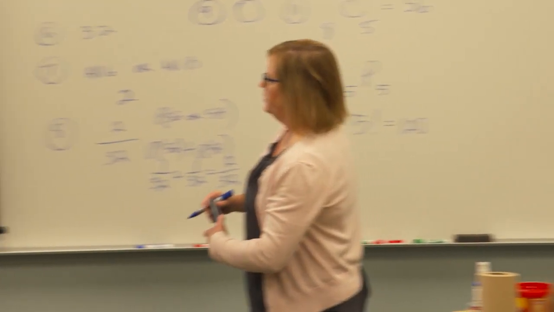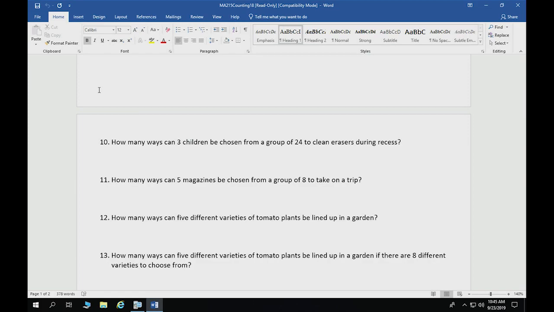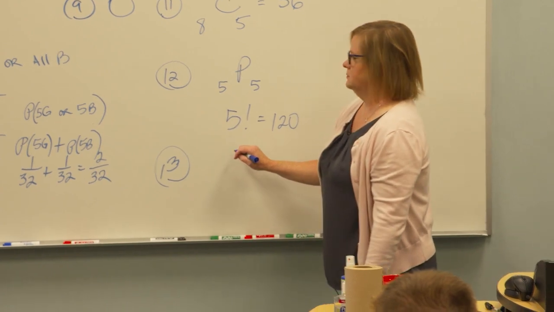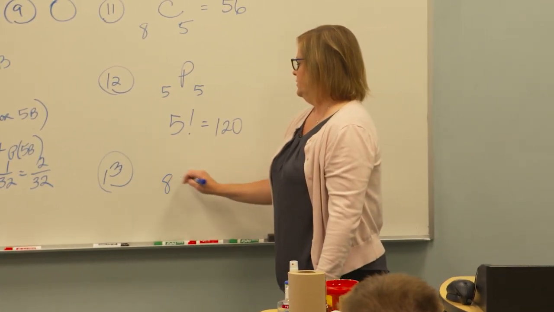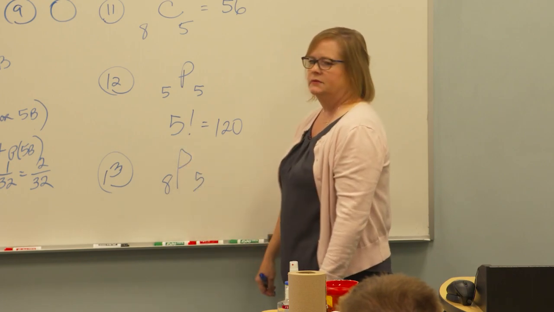Okay, so 13, I want to put 5 varieties in there, but I've got 8 that I have to choose from. So what's that one going to be? 8, choose 5. Still care about the order, yeah.